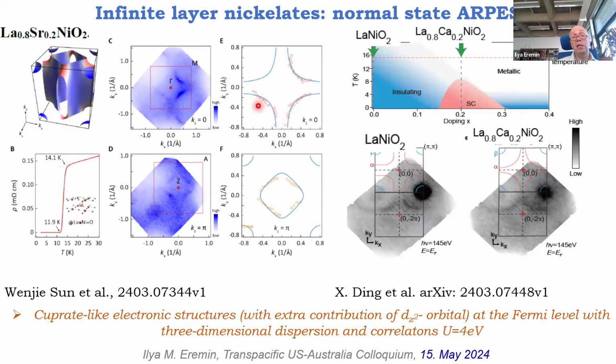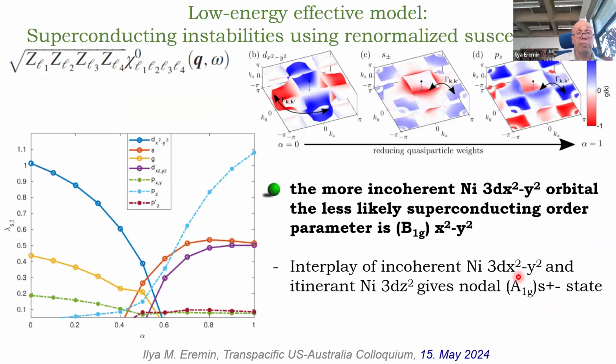What you see is a d_{x²-y²} orbital dispersion, so the cuprate-like electronic structure with some extra contribution of the d_{z²} orbital. And by looking at the renormalization of the quasiparticle, by looking at the change of the Fermi velocity, the value of U that they extracted is of the order of 4 eV, which basically immediately tells you that it's relatively well understood what is going to happen.